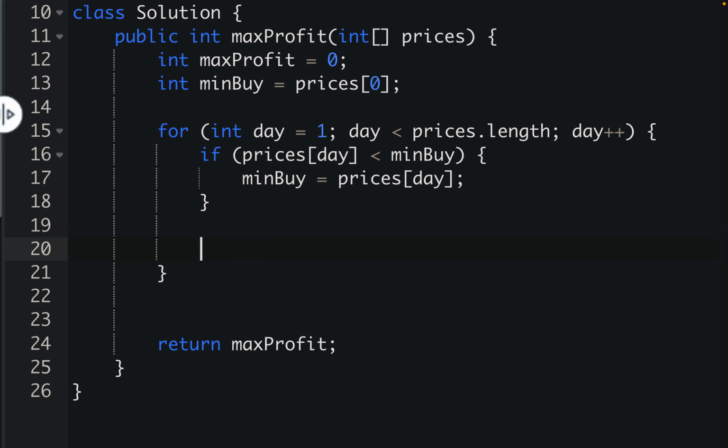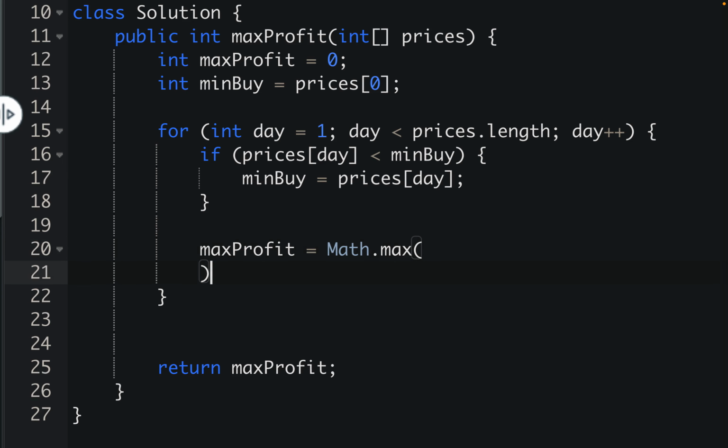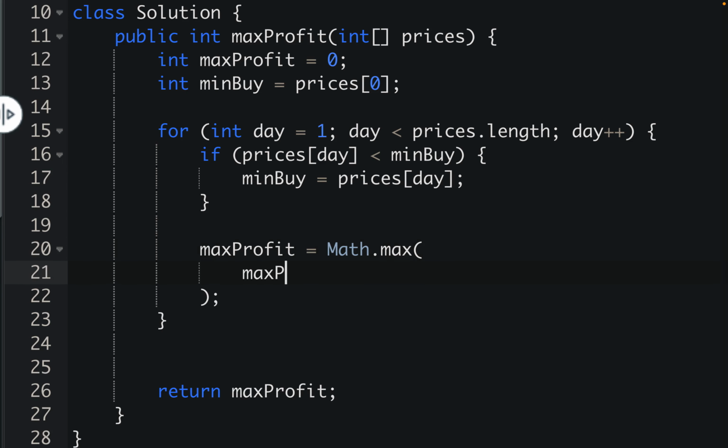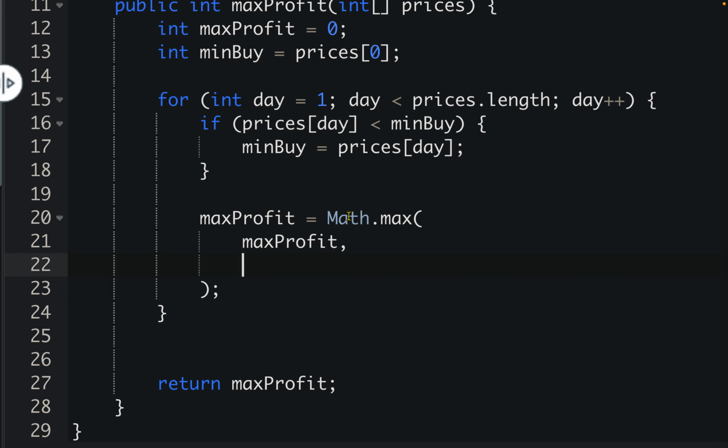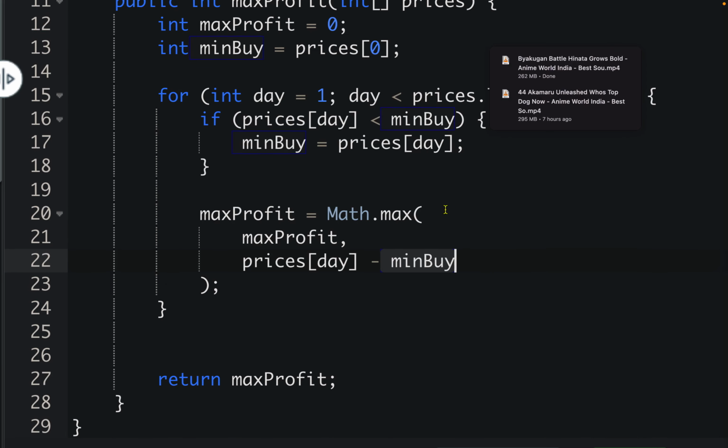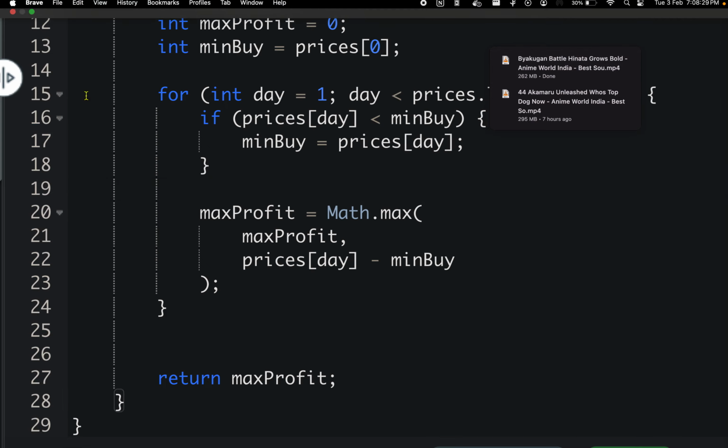And I can say that maximum profit can be equal to Math.max of either the maximum profit I have made earlier, comma, considering this day as the selling price. If I'm selling on this day, what would be my profit? This day's price minus my buying price, that is what the profit is.